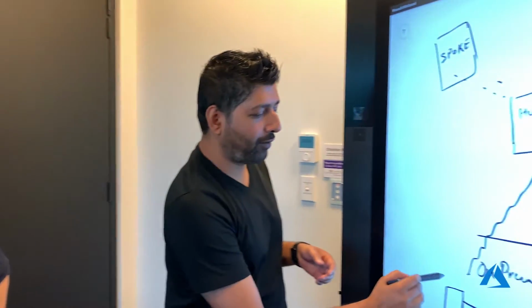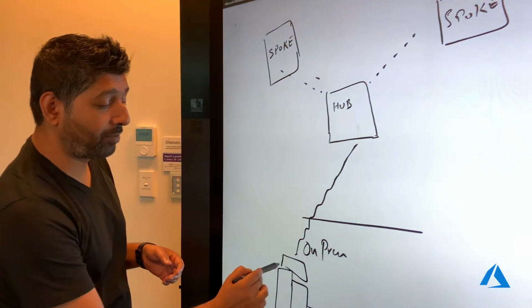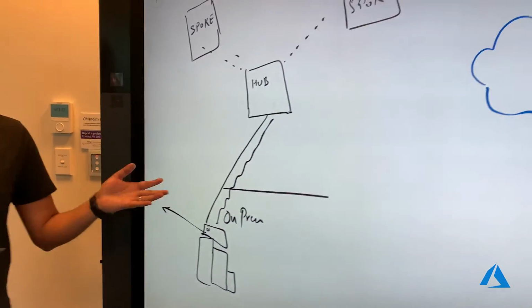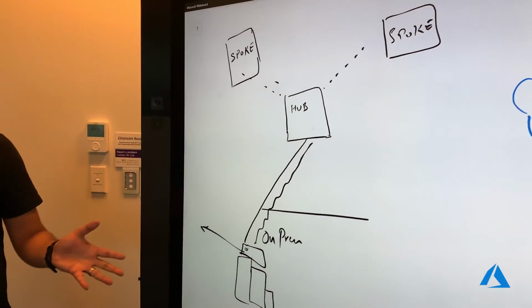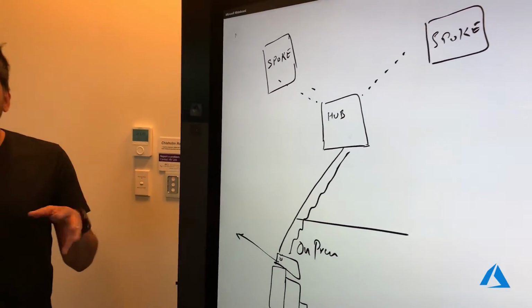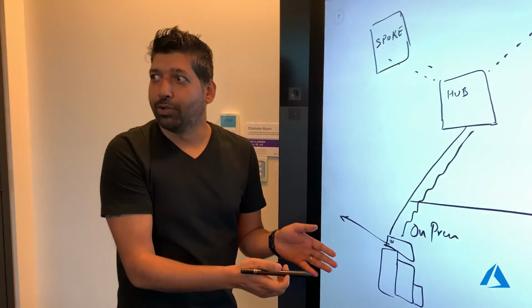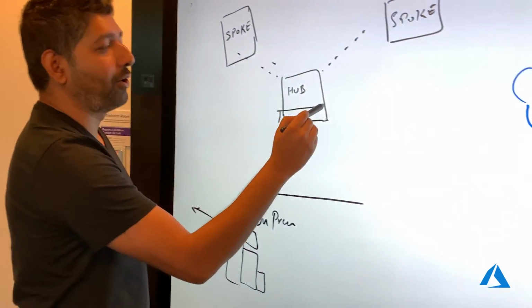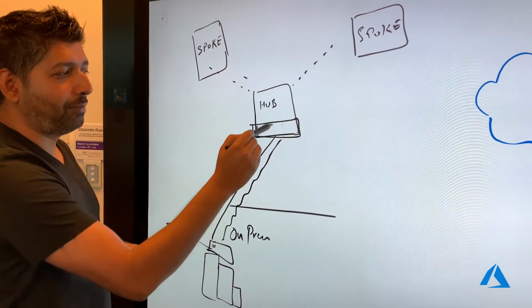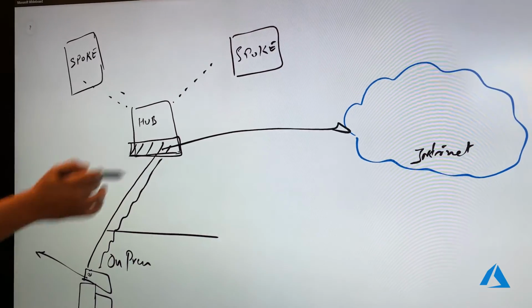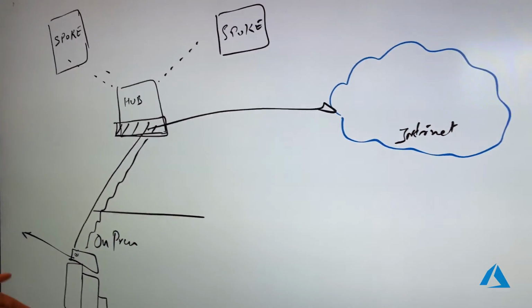So one common implementation is that you implement Azure Firewall, you implement a firewall on-prem, and then you force tunnel your traffic back on-prem to go out, which is what we typically see happening. That's right. Now, because Azure Firewall is a cloud-native firewall, you don't necessarily have to do that anymore. You can do the forced tunneling, or you can avoid it, and basically tunnel the traffic out directly from the firewall to the internet and avoid hopping back to on-prem, saving costs there.